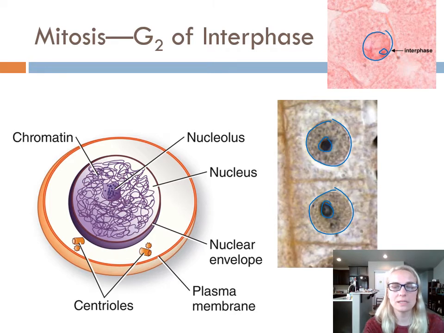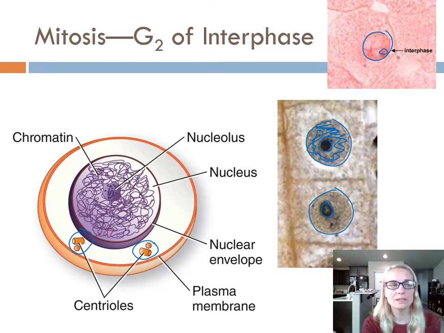You don't really see any obvious chromosomes. Everything is just kind of loosely organized, that chromatin, but at this state the DNA has been replicated. We just can't see that. The centrioles have been replicated, so that happens also during G2 of interphase. We have a nuclear envelope and the chromatin is just loosely coiled. All right, so that's G2.